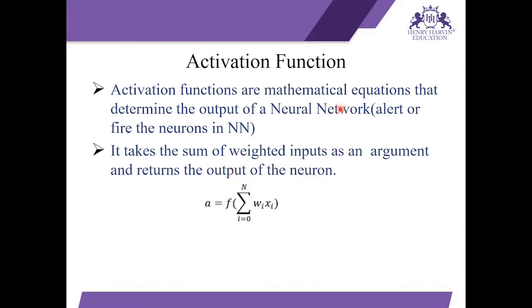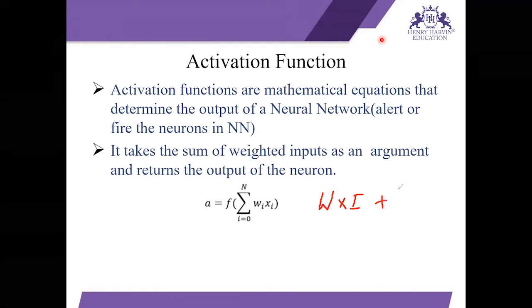If you look into this, we all know that x is equal to weight into input plus bias. So when you apply an activation function, what happens to this equation? This is what we are going to discuss now. Generally, we write weight into input plus bias.